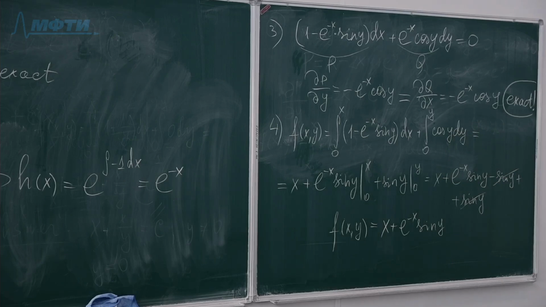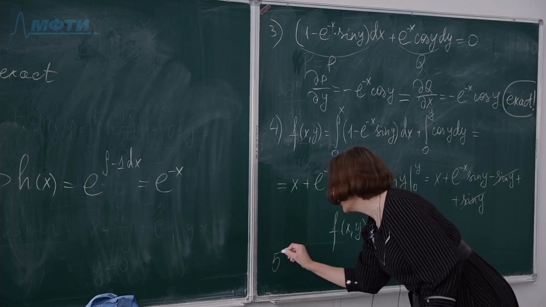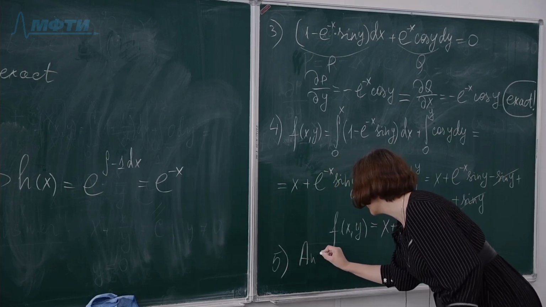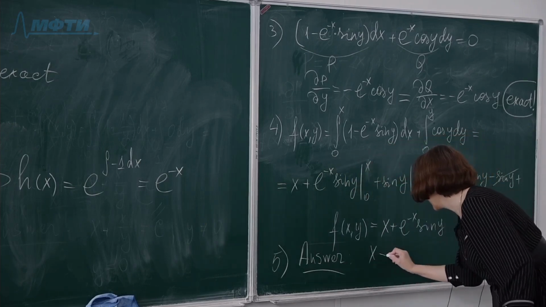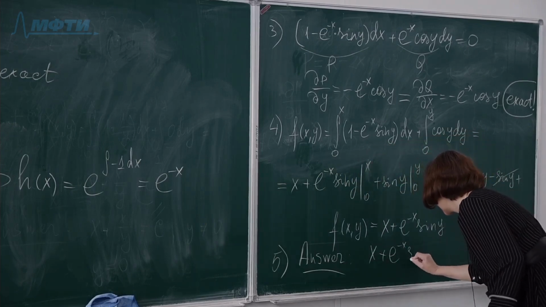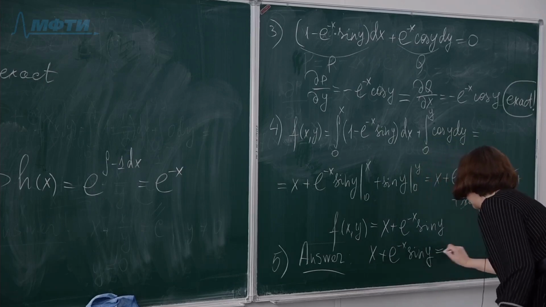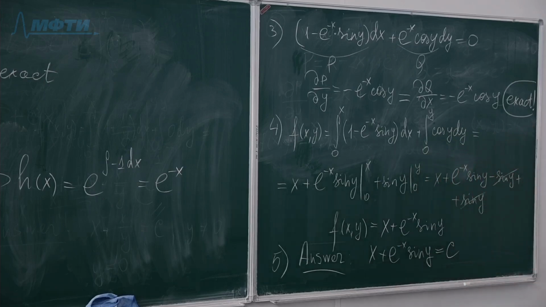I hope it's correct. And number 5, the last step is to write the answer. The answer is x plus e to negative x sine y equals the constant c.